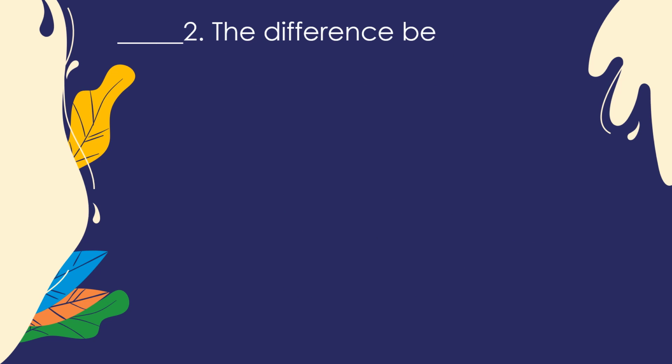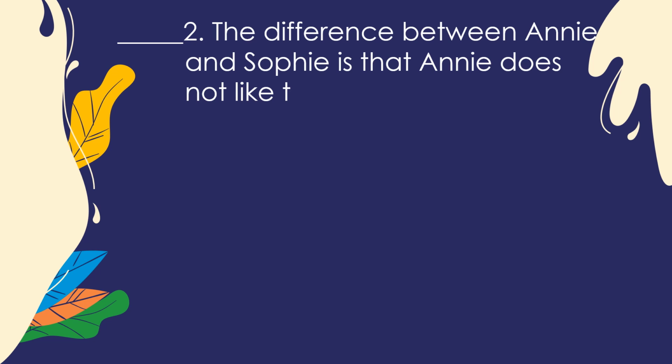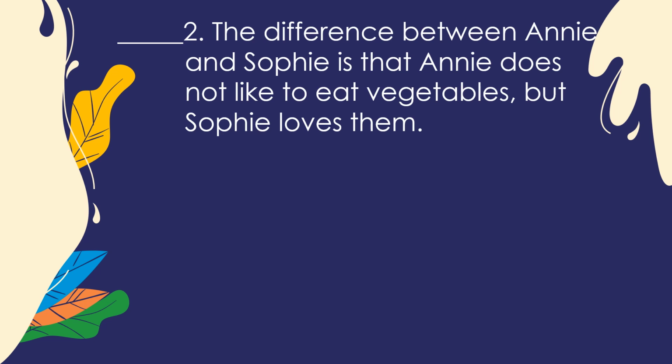Number 2. The difference between Annie and Sophie is that Annie does not like to eat vegetables, but Sophie loves them. Sila ba ay alike or the same ideas o kaya different? Tama. They are different.